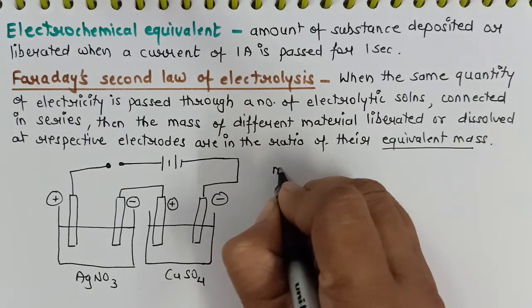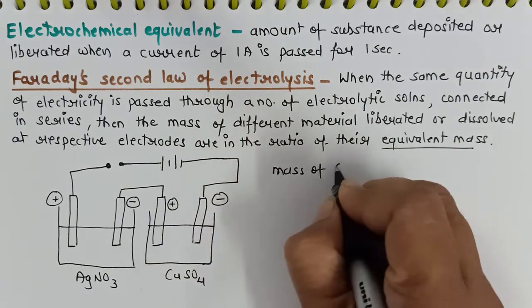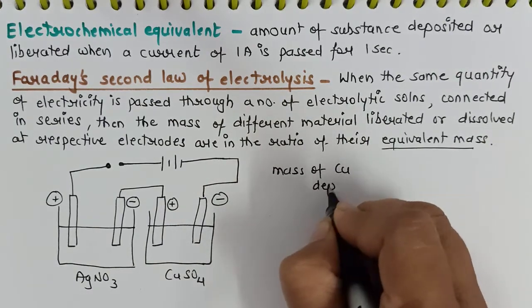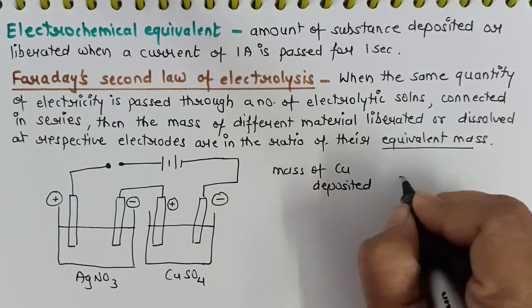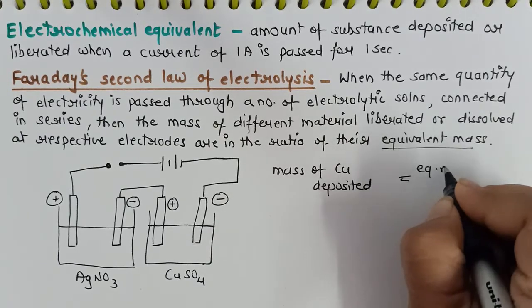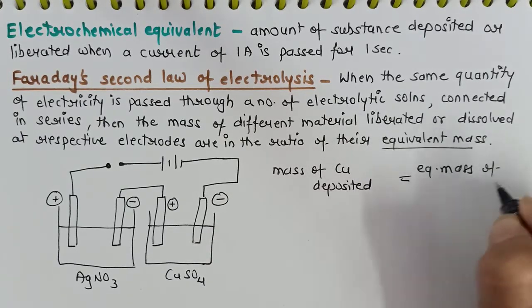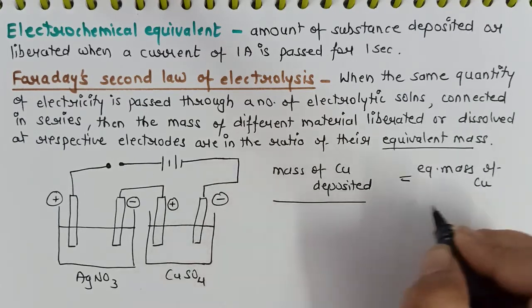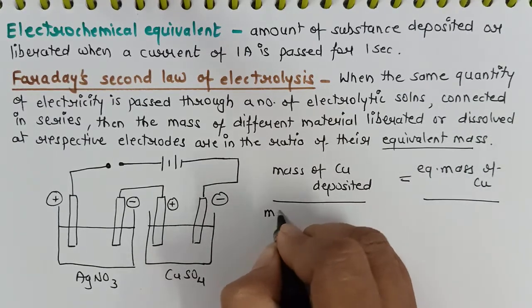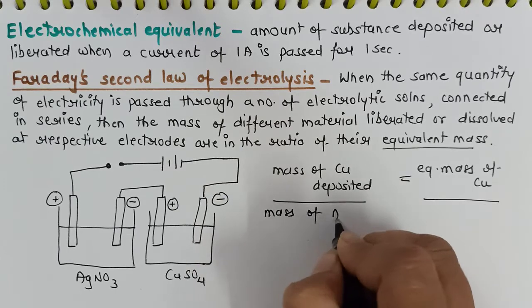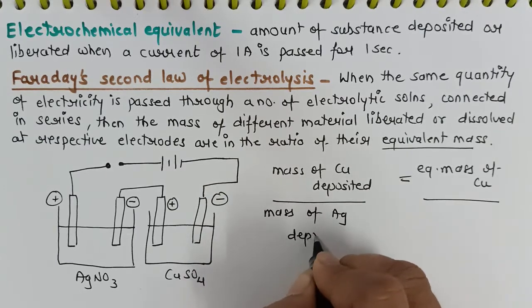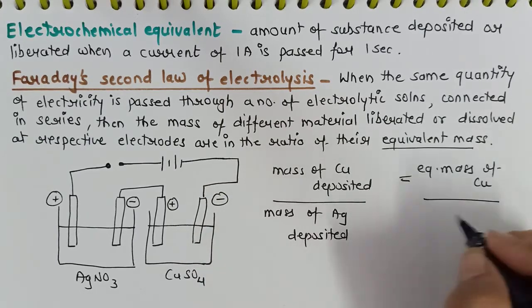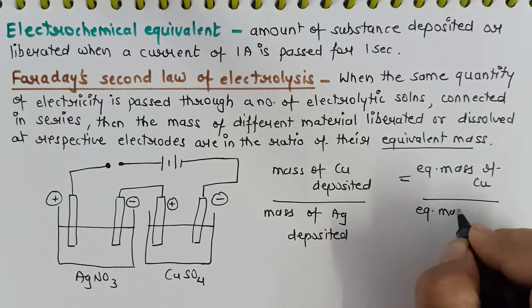So I will say the mass of copper deposited over the mass of silver deposited is equal to the equivalent mass of copper over the equivalent mass of silver, but since it is in series, we take the ratio.